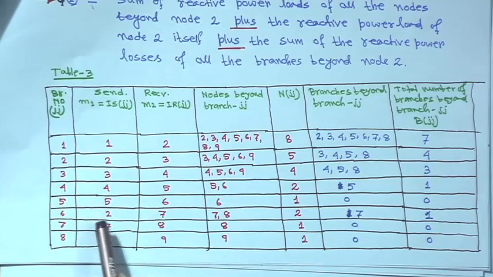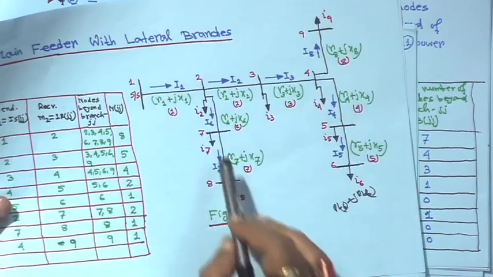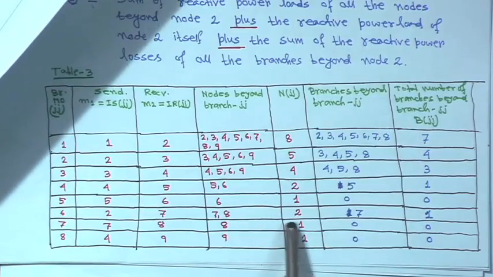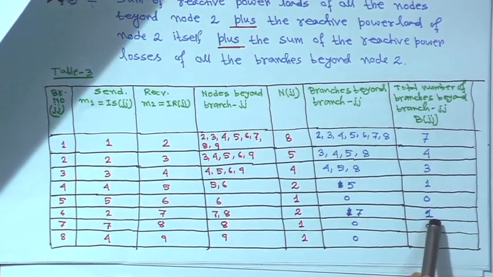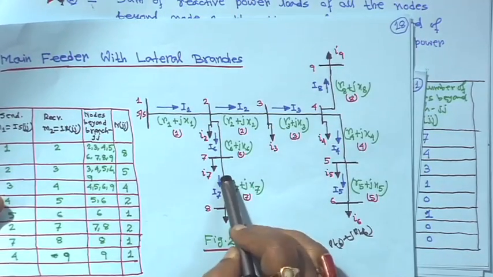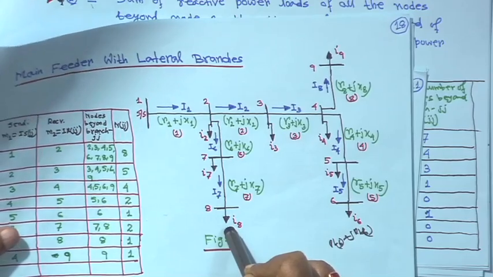There are 2 nodes, 7 and 8, and only one branch, that is branch 7, so BJJ is 1. If you consider branch 7, beyond this branch there is no branch, so BJJ will be 0.